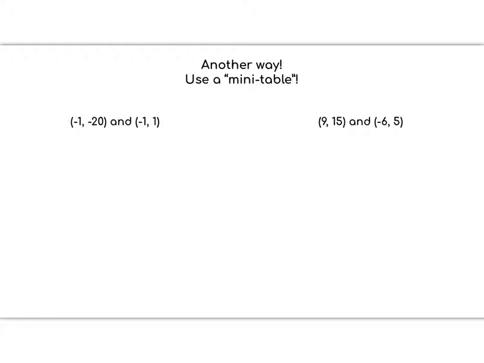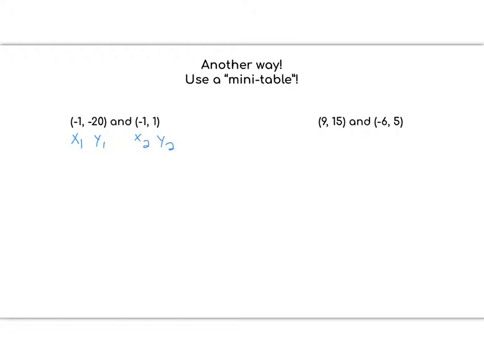So to avoid having so many troubles with subtraction, and maybe to keep us from making so many mistakes, if I don't want to use the slope formula, I can use a mini table. So let's see what this looks like. If I were to take these 2 points and use my slope formula, I would say x sub 1, y sub 1, x sub 2, y sub 2.